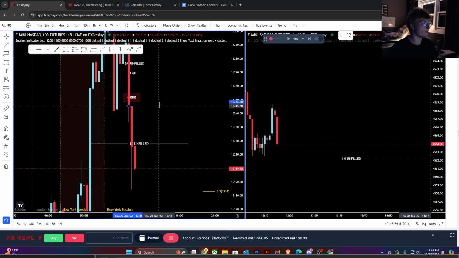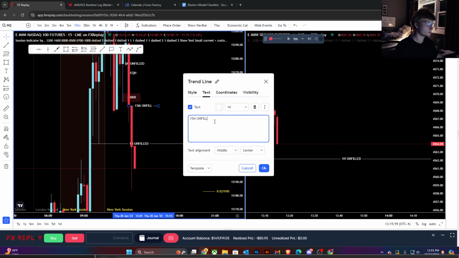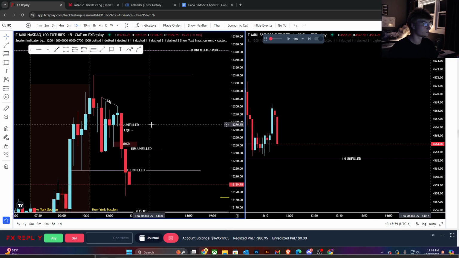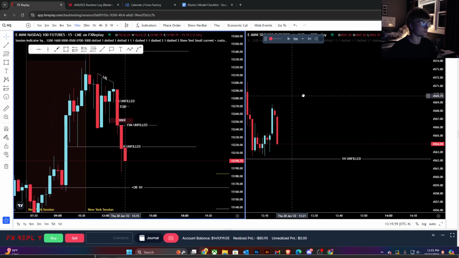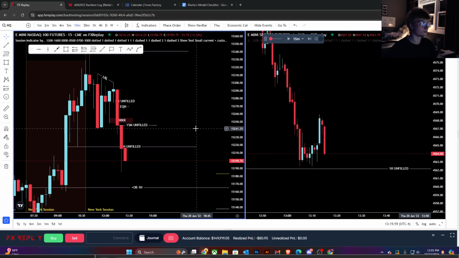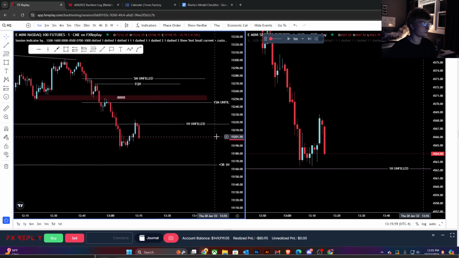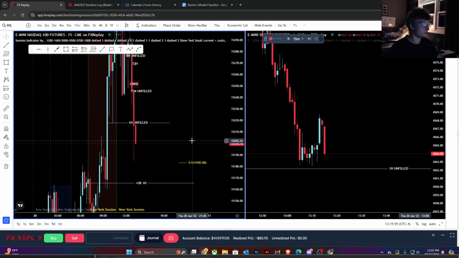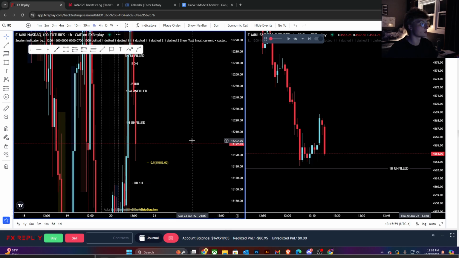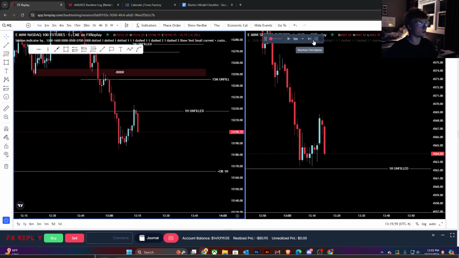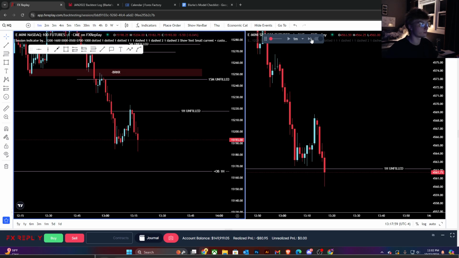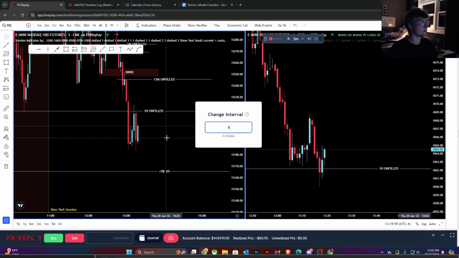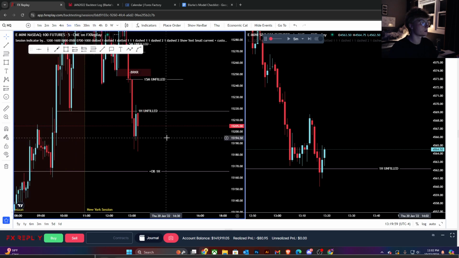Good draw on liquidity there. We're gonna see how this hourly closes. If we inverse this bearish, then that'll determine our bias. Okay, right now I am more bullish.